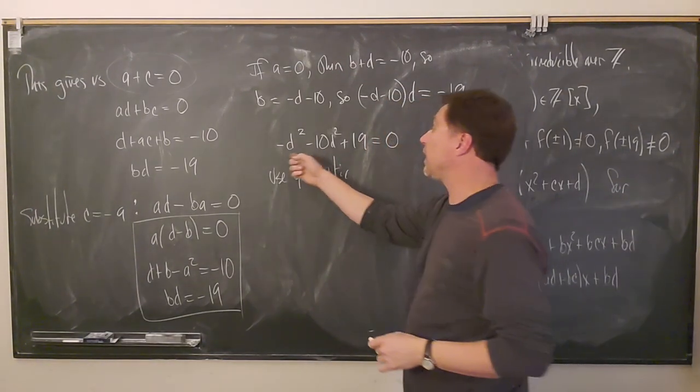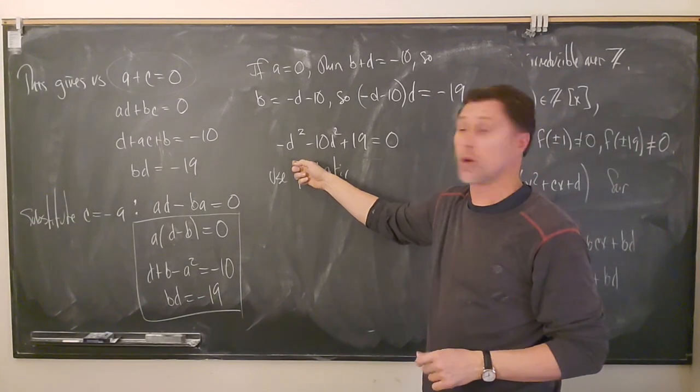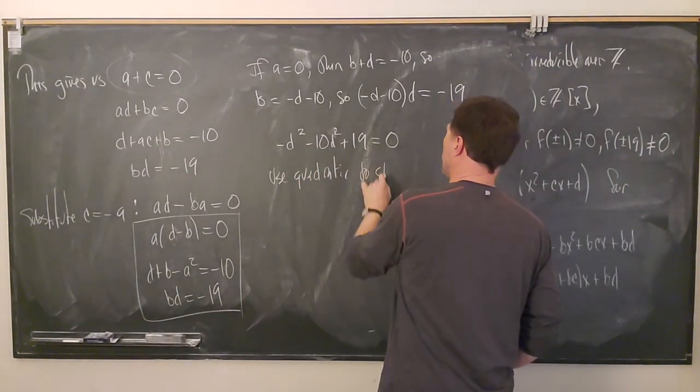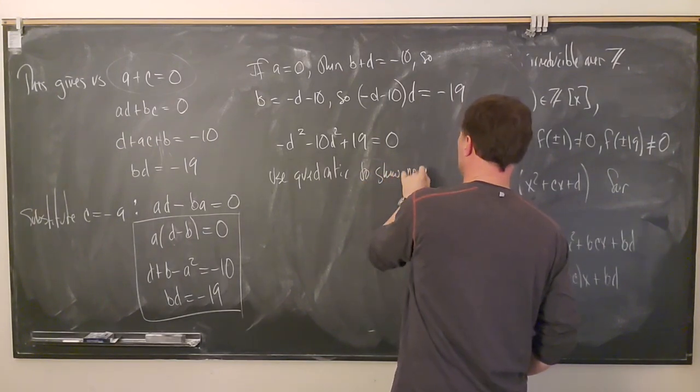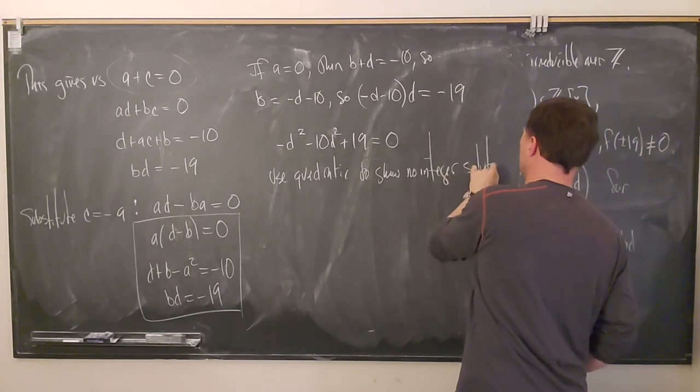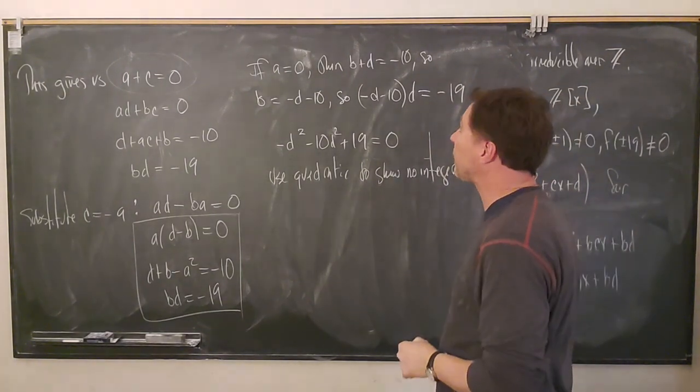D has to be an integer, and you can just use the quadratic formula right here to show that there's no integer solution. Okay, so that rules out that A equals 0.